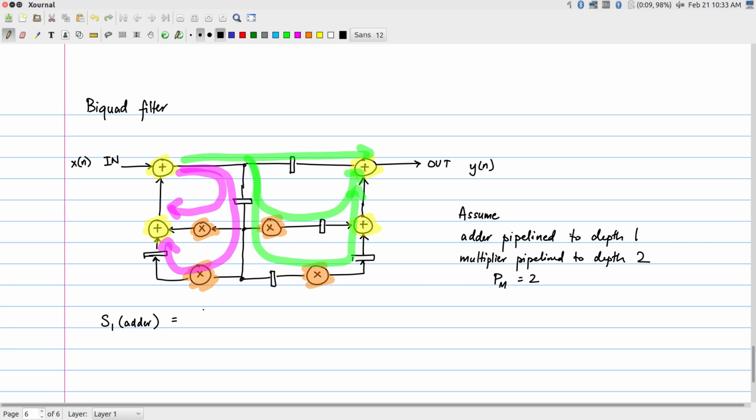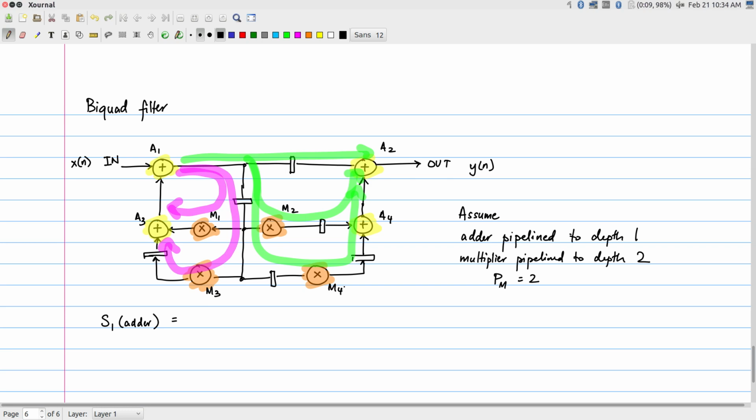With that choice, N is equal to 4, I have the ability to schedule 4 different units across 4 phases of time. I'm going to label all the operations themselves: A1, A2, A3, A4, M1, M2, M3, M4.